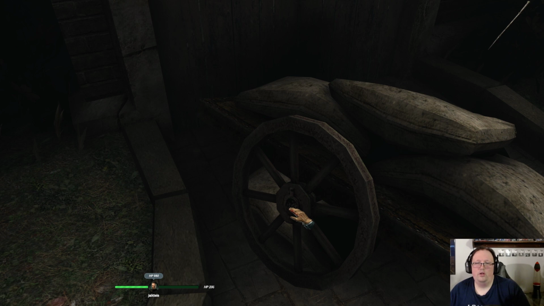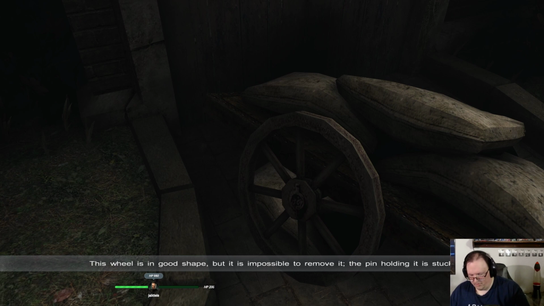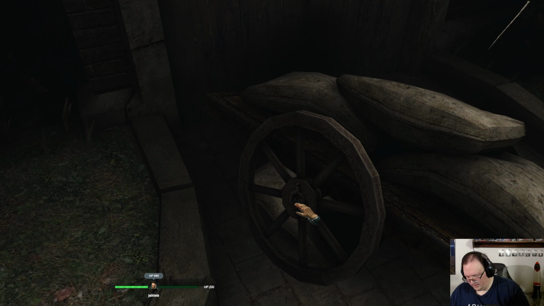Don't give me that look. JT's kind of want the wheel not to be in good shape. Paper, but the wheel is in good shape. JT's really what gave you that idea. Paper, that voice line that said that the wheel is in good shape. This wheel is in good shape, but it is impossible to remove it. The pin holding it is stuck. Yeah, that one. Excuse me while I attempt to find a solution to this problem I'm having.